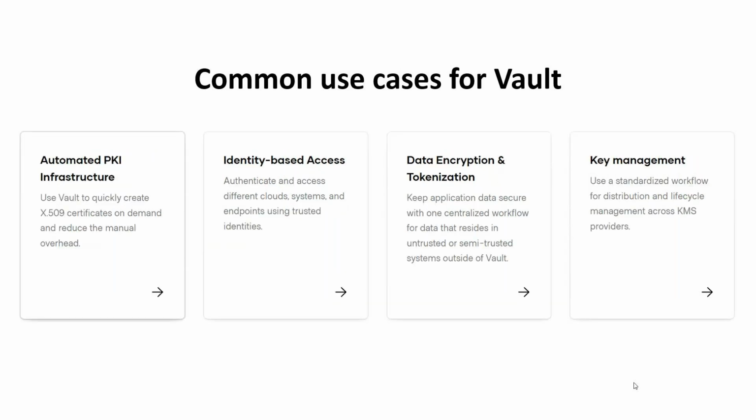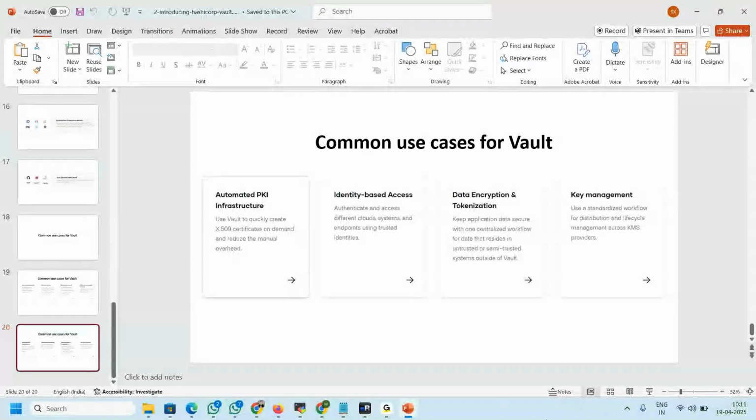You can also do certificate management, in terms of X.509 certificates, which you can ask to generate on demand using PKI infrastructure. Identity-based access also, data encryption and tokenization, and key management. So these are some of the use cases of Vault.